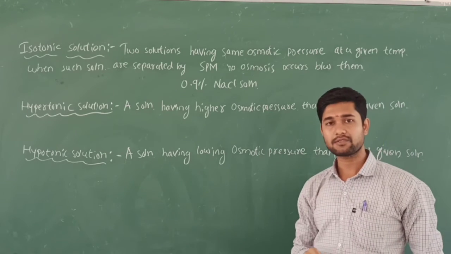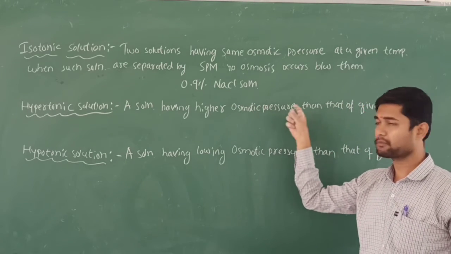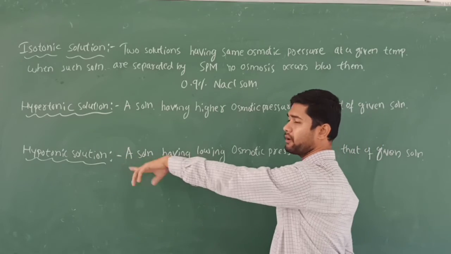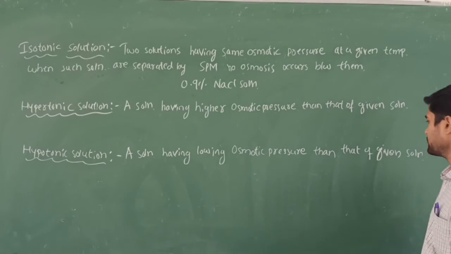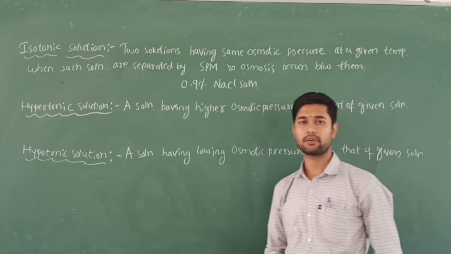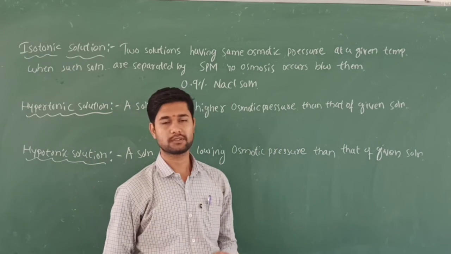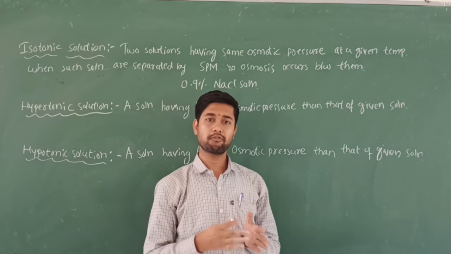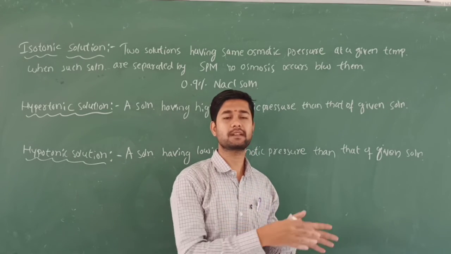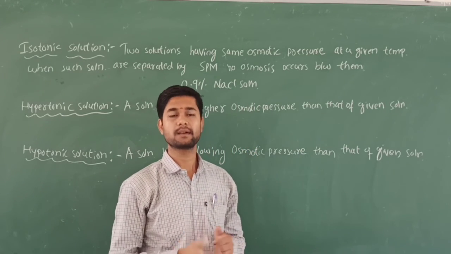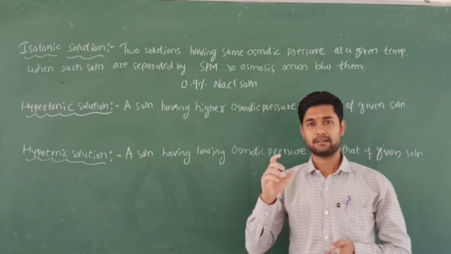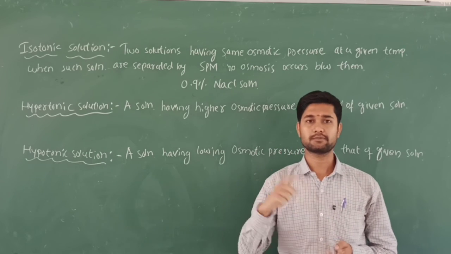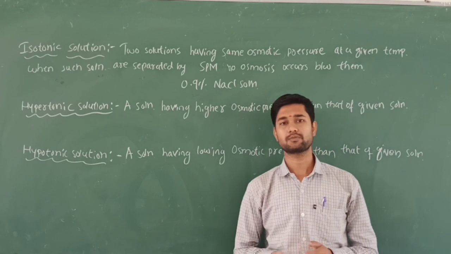If the concentration is less than 0.9% sodium chloride solution, that is called hypo. Hypo means less. A solution having a lower osmotic pressure than the given solution is called a hypotonic solution. Here water will flow into the cells and they will swell. So these are the different types of solutions, having osmotic pressure equal to, greater than, or lesser than the given solution.